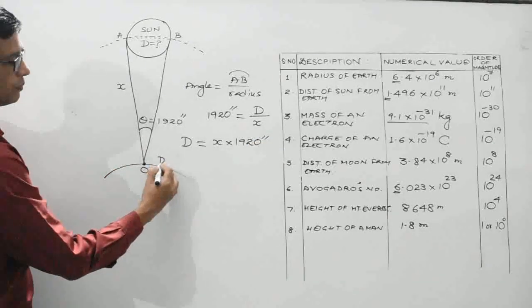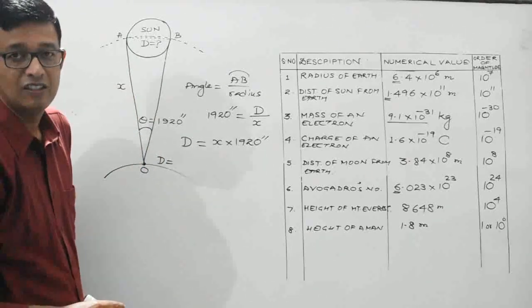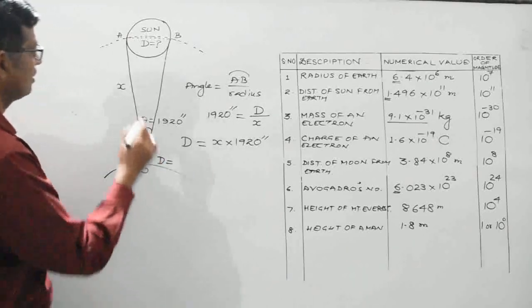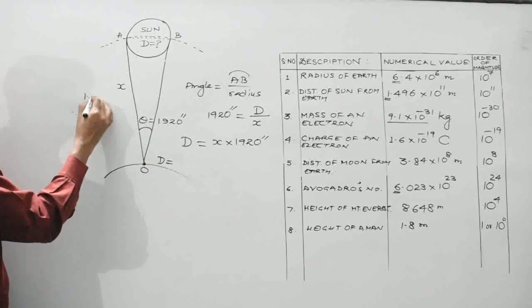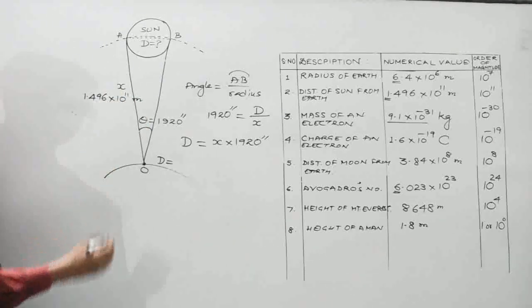Now look, x is the distance of the sun from the earth. It is known as the astronomical unit, and it is equivalent to 1.496 into 10 raised to the power 11 meters.